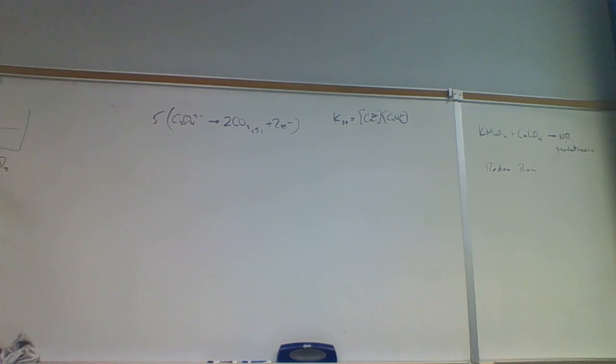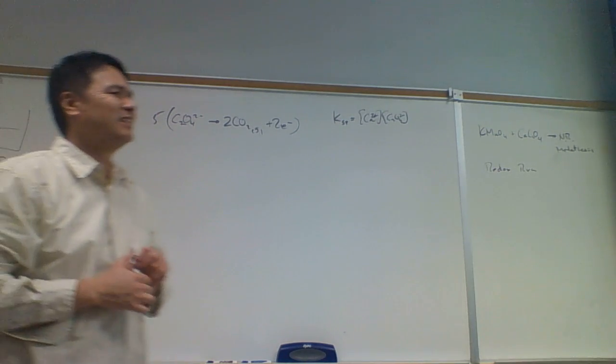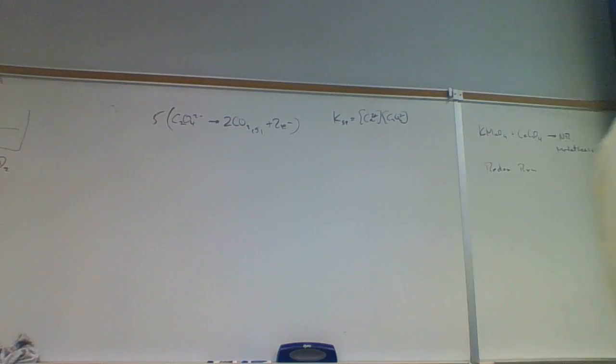That just means QSP is equal to KSP in this case. We just have the right concentration of ions. Any more and it'll start to precipitate, any less and it'll be unsaturated.